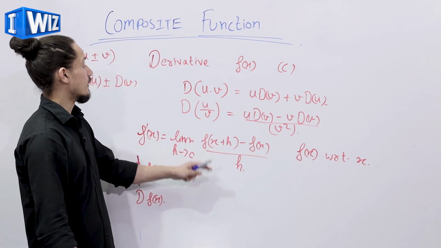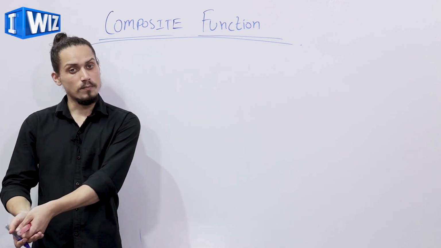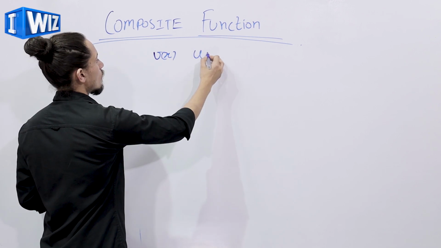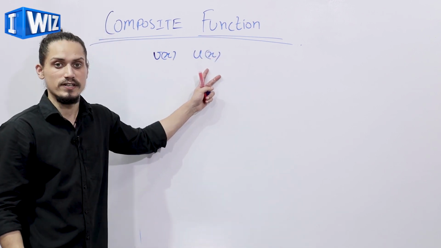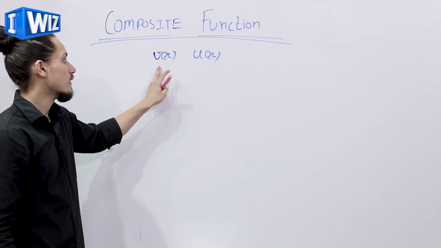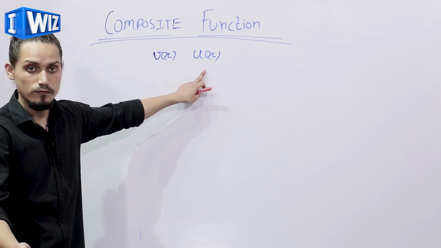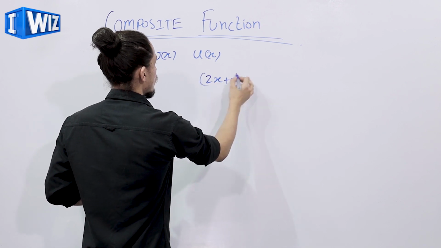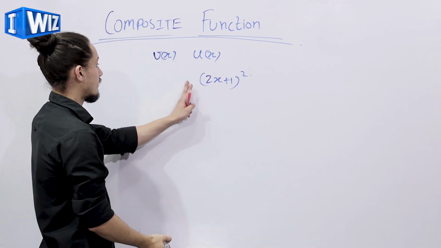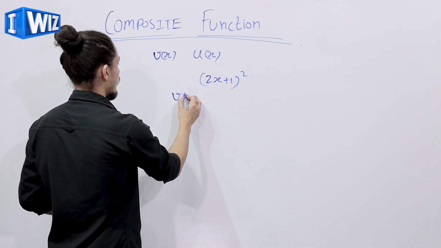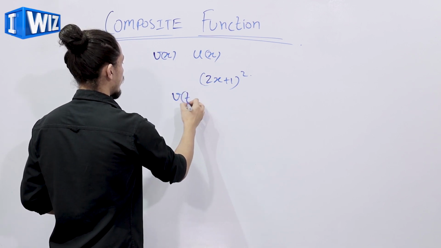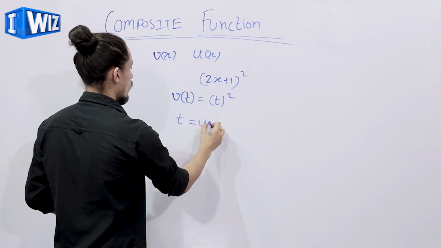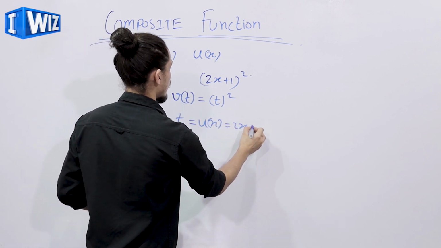Let's talk about differentiability of composite functions. So what is a composite function? Say we have two functions v of x and u of x. If one of these functions is dependent on the other function, their combination is said to be a composite function. For example, if I have the function 2x plus 1 whole square, I can write it as v of t equal to t square, where t is equal to u of x is equal to 2x plus 1.